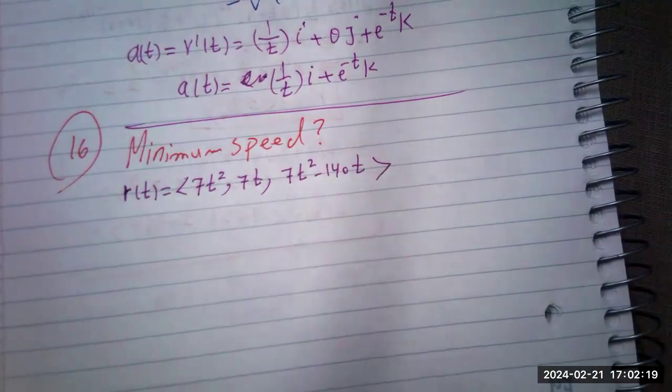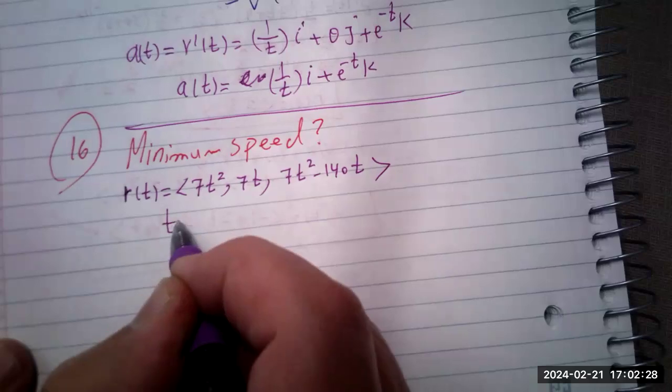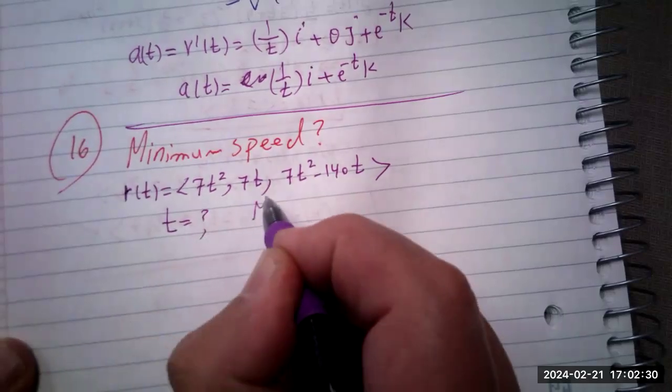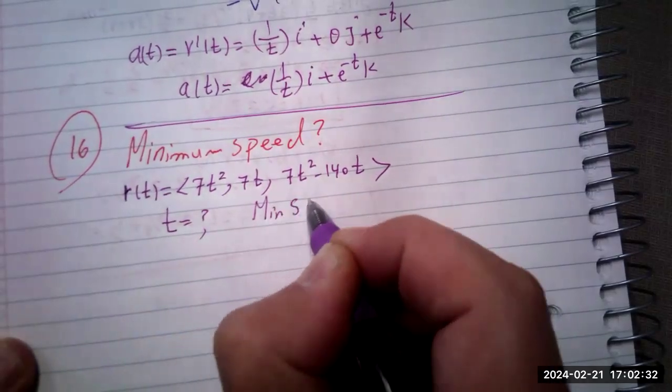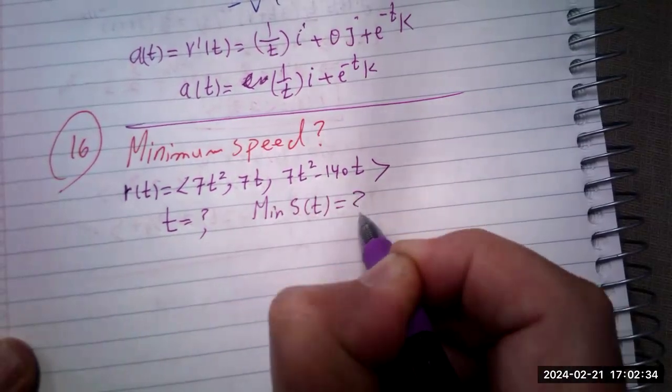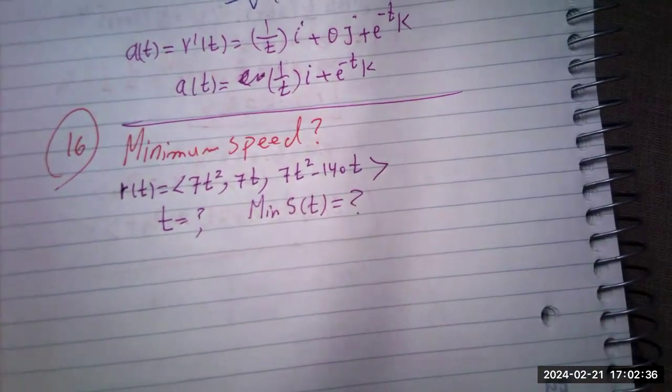That's the position function, and you want to find for what value of t the speed is a minimum. This is the problem. So we have to find the speed function first. When you find the speed function, it's just a real-valued function. Then you can differentiate it to find when this function would have the minimum.